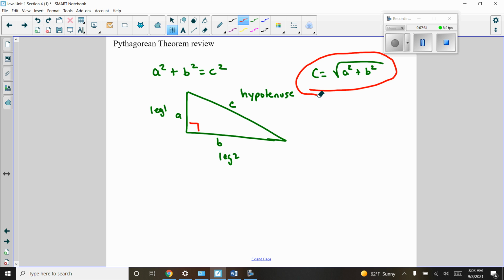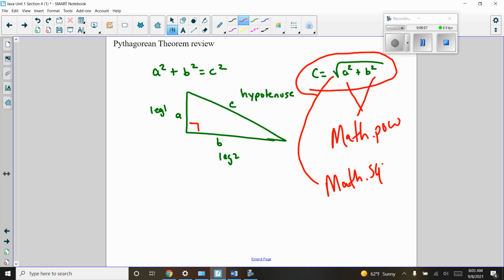So notice we have a couple things going on here. We're going to need to use the Math.pow for this one. And then for the big one here, we're also going to use Math.sqrt, that's SQRT, square root.